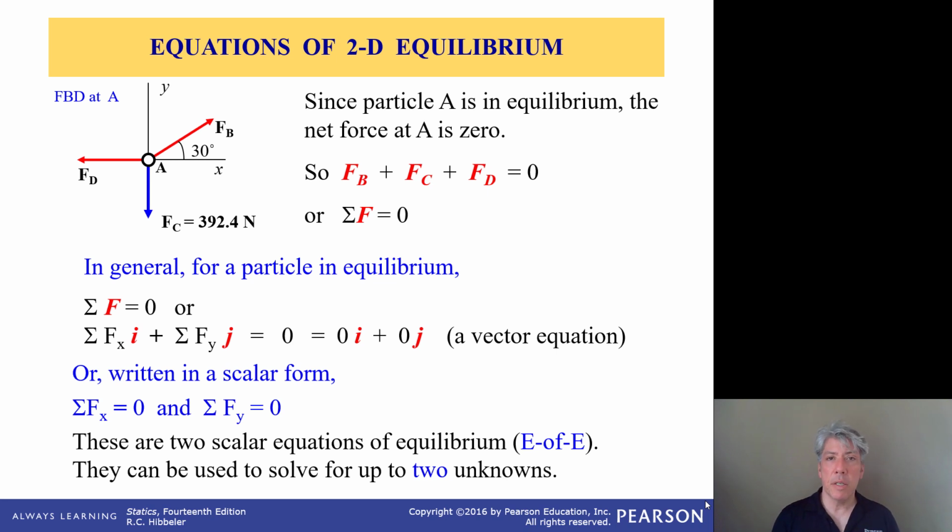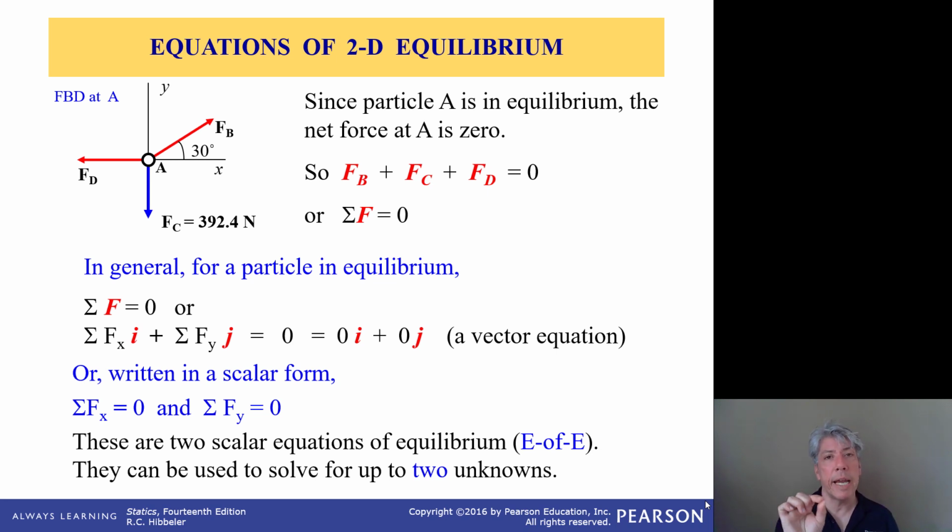If we write this in scalar form, we get two equations from it. That is, the sum of the forces in the horizontal direction equals zero, and the sum of all the forces in the vertical direction equals zero. You might say, okay, that works just fine for the weight and for FD, in other words, FC and FD, but what about FB? It's not in the vertical or horizontal. Well, what you have to do there is take the components of FB.